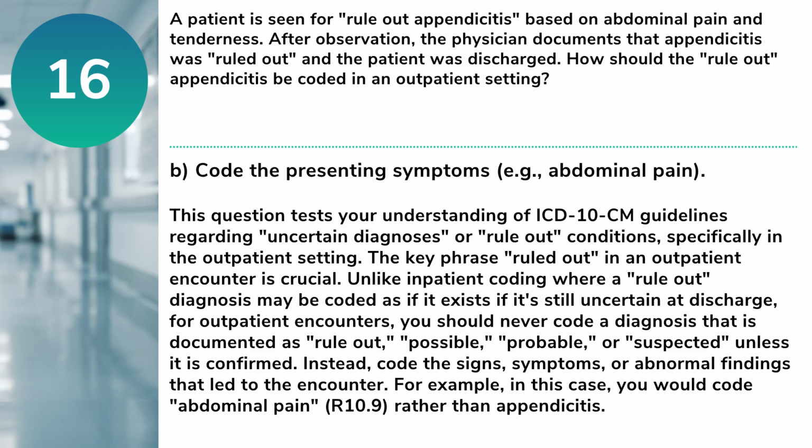Unlike inpatient coding, where a rule-out diagnosis may be coded as if it exists if it's still uncertain at discharge, for outpatient encounters, you should never code a diagnosis that is documented as rule-out, possible, probable, or suspected unless it is confirmed. Instead, code the signs, symptoms, or abnormal findings that led to the encounter. For example, in this case, you would code abdominal pain, R10.9, rather than appendicitis.